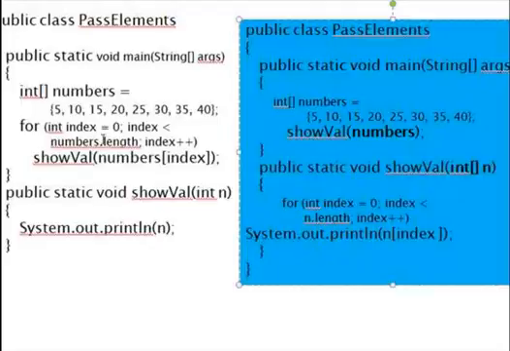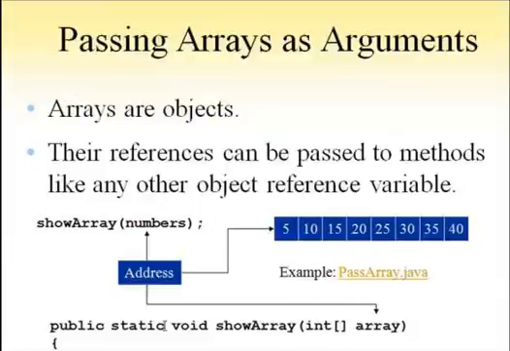So the for statement moved from the main method to the show val method. You're going to see in this slide again, when I have show array, I'm passing the array as the argument of my method show array.